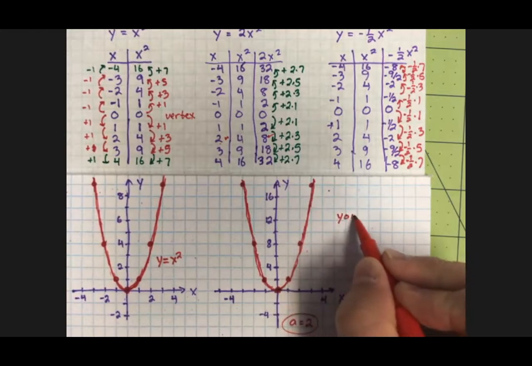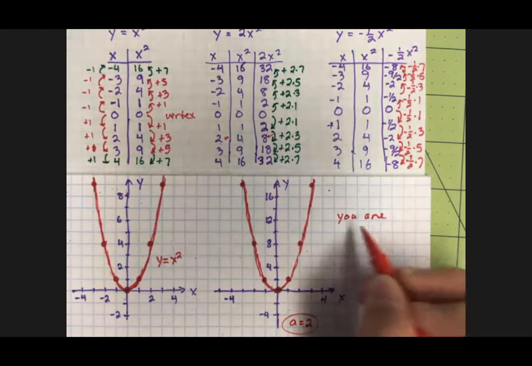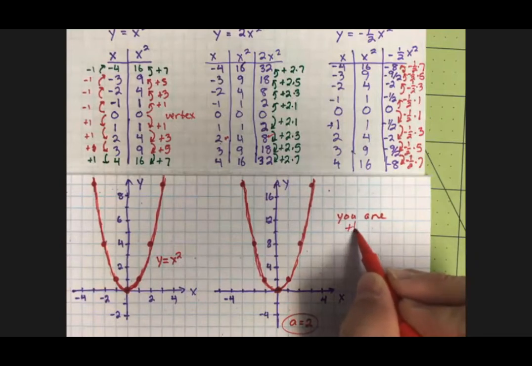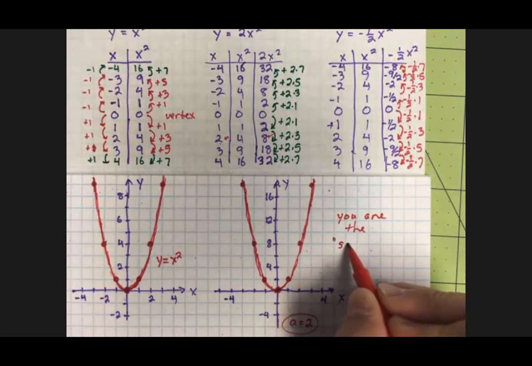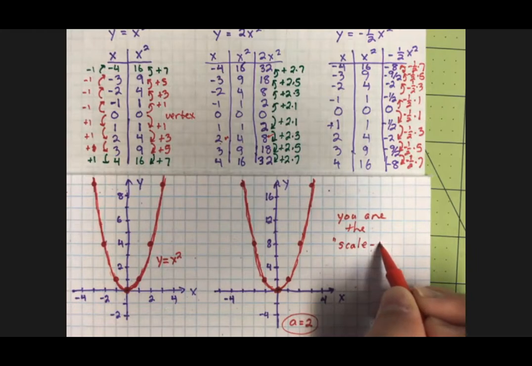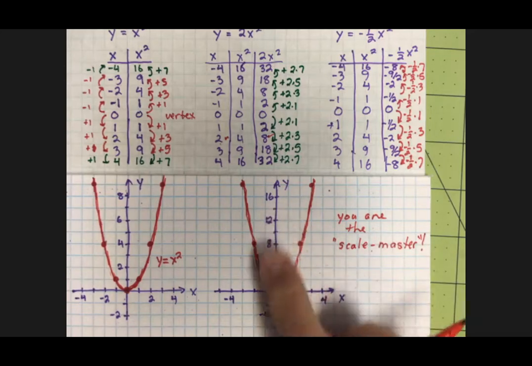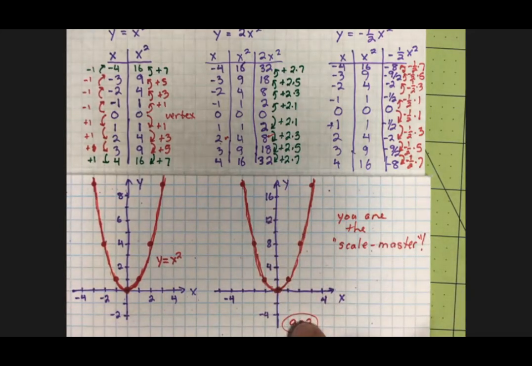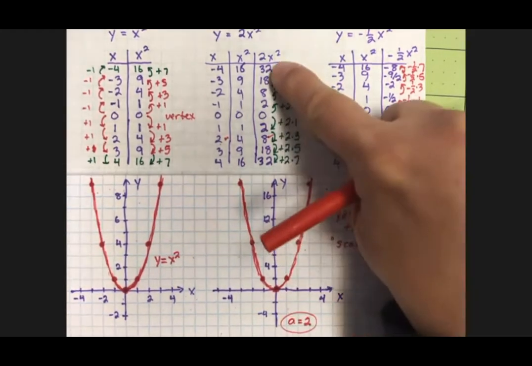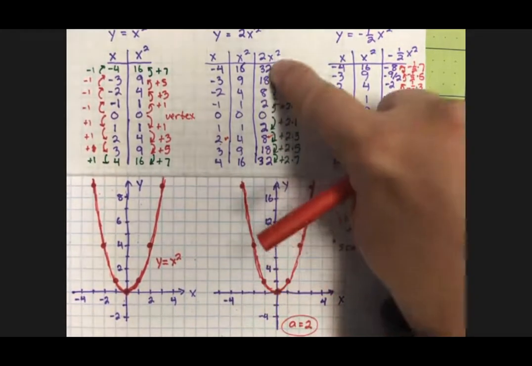You, I want to be kind of provocative, are the scale master. That means you can choose a different scale on the axes if it helps you fit in the points better.